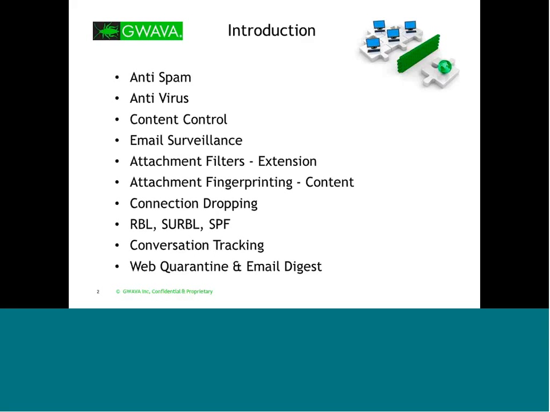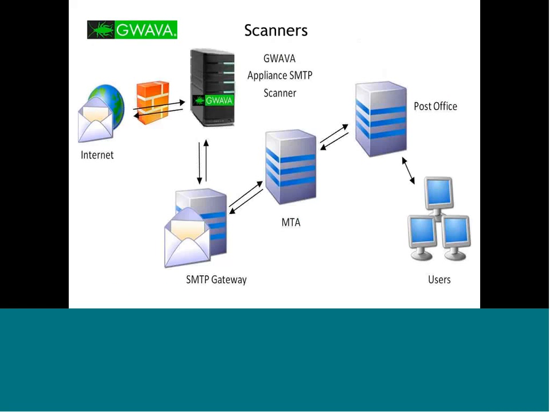We got connection dropping with our new scanning solution, okay, with the SMTP scanner, RBL, SURBL, spoofing, and conversation tracking. We got, of course, the QMS still, nothing new, and here are the scanners.